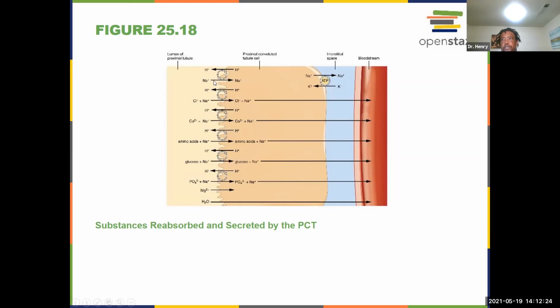And so if we take a look at this, right, this process basically means that it's going to be a channel that needs energy to sit there and make it happen. So the ATP that drives this allows sodium to leave the lumen and go into the tubule cell. And then at the same time that's happening, you're getting the hydrogen ion released, or a proton released.